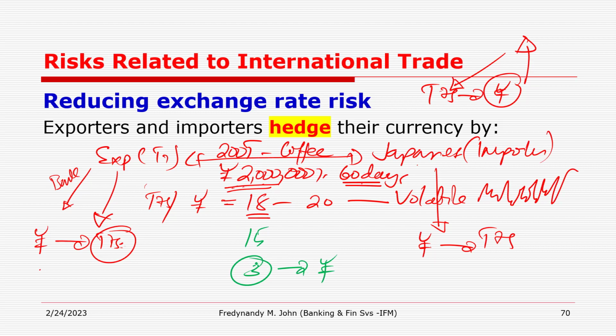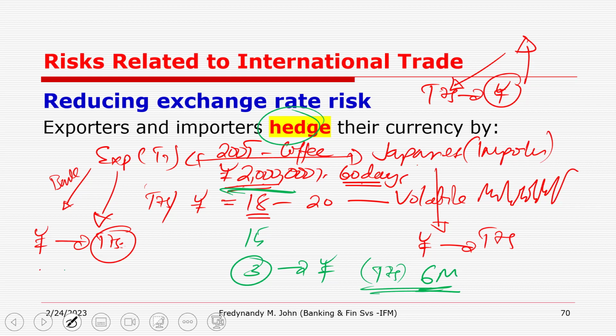Now, if you multiply 3 by 2 million, you'll see that he's going to end up with a loss of 6 million Tanzanian shillings. But if he decides to use the hedging technique, it will be easier for him to protect these proceeds against exchange rate fluctuation or the exchange rate exposure.